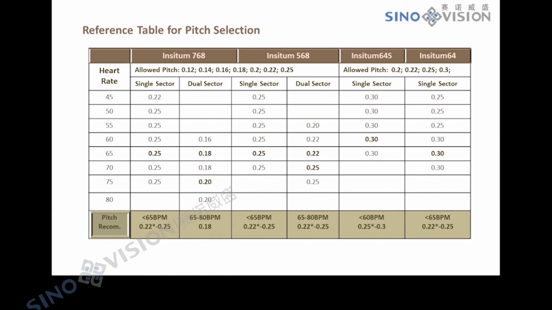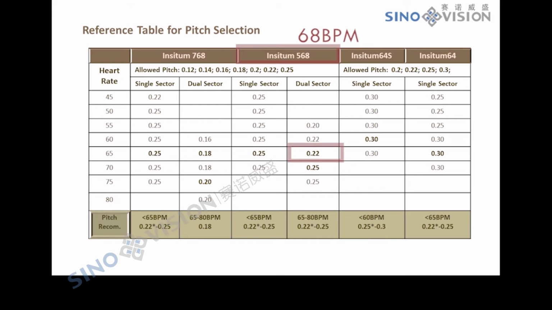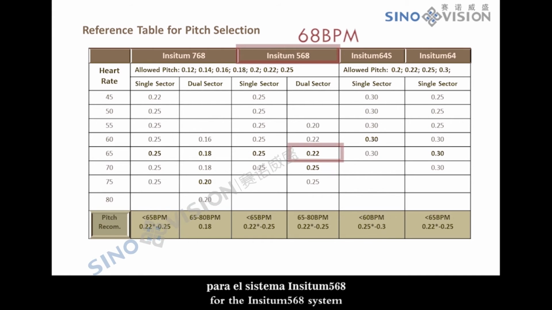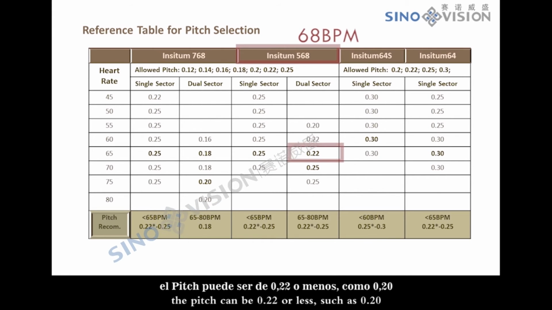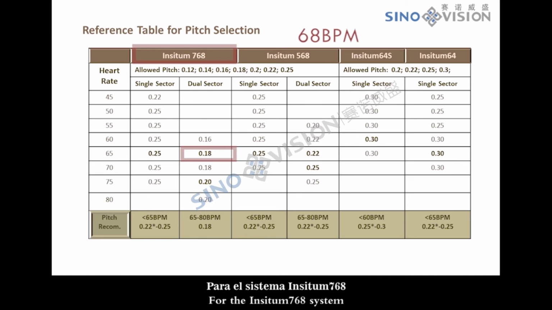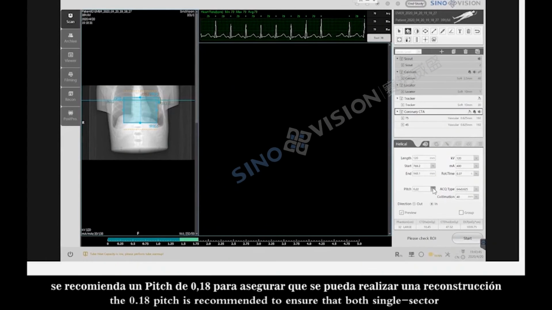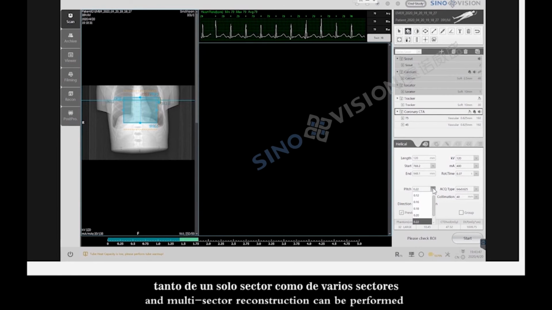For example, if the heart rate of the patient is 68 BPM, for the Incidem 568 system, the pitch can be 0.22 or less, such as 0.20. For the Incidem 768 system, a 0.18 pitch is recommended to ensure that both single-sector and multi-sector reconstruction can be performed.